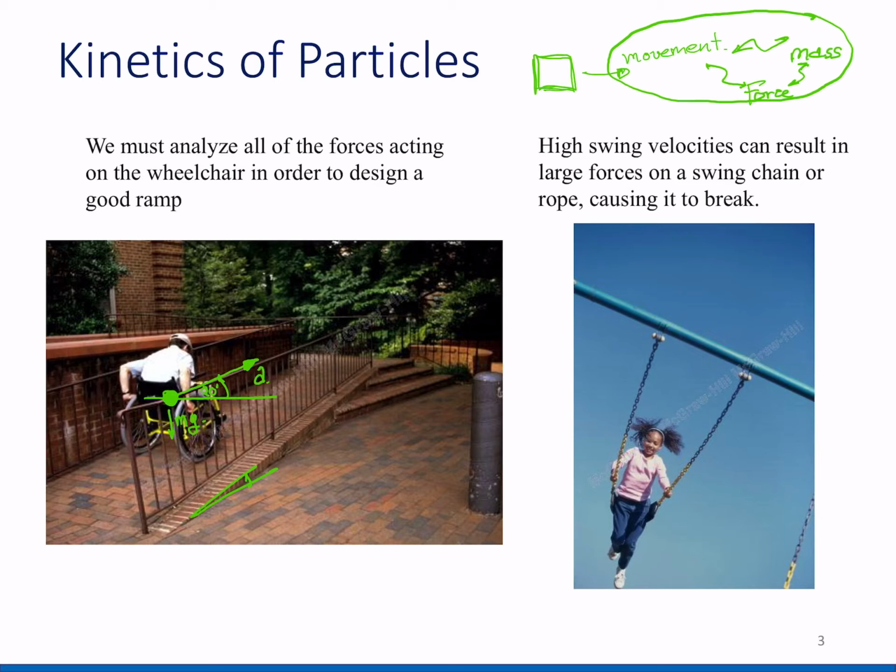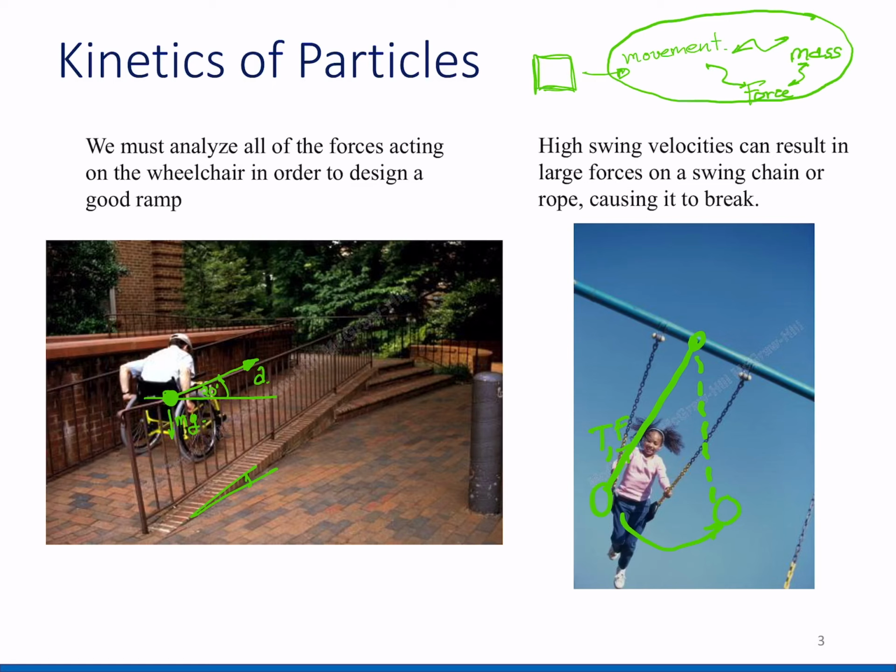Okay, next picture. What is this about? High swing velocity can result in a large force on the chain or rope, causing it to break. When you have very high velocity or acceleration in this swing, it is just like a pendulum. You have an object, you swing it like this, and you also introduce the tension, or you can call it force, in this rope.